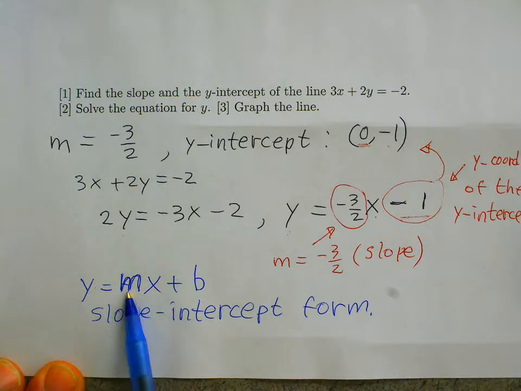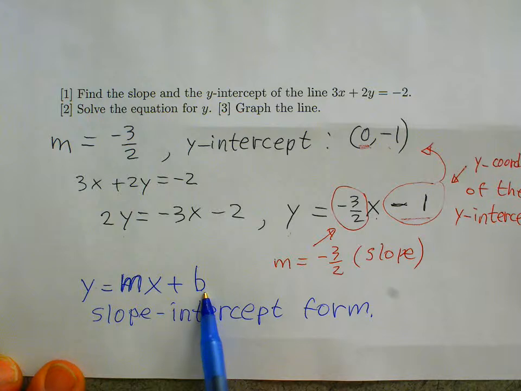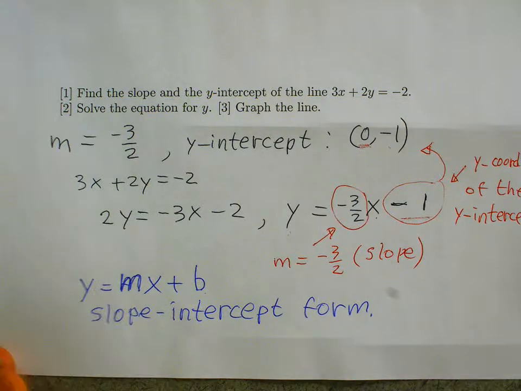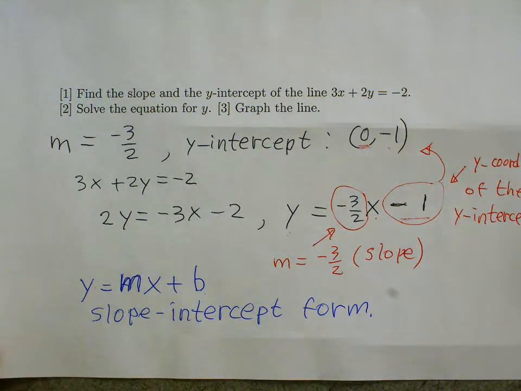So m is the slope. And the intercept part of the term means that this number that you're adding, plus b, is the y-coordinate of the y-intercept. Okay, tomorrow we'll talk more about the slope-intercept form.